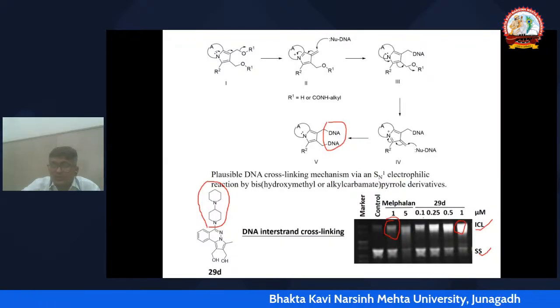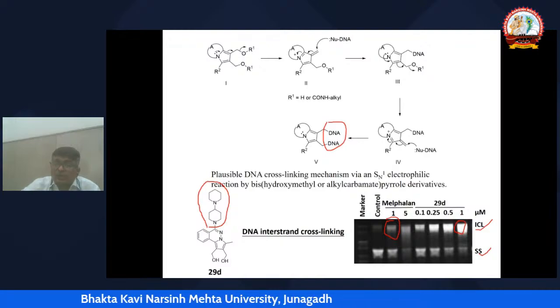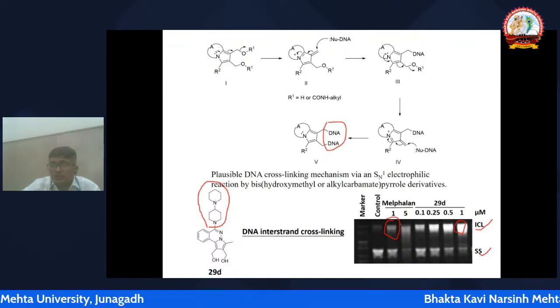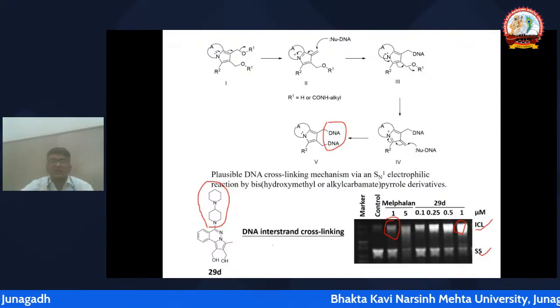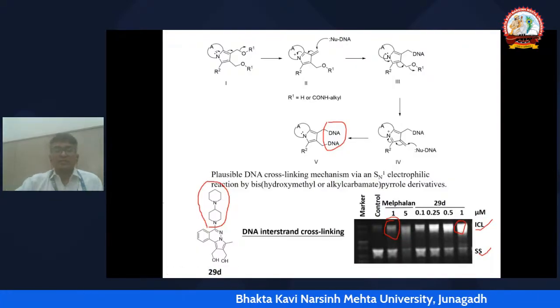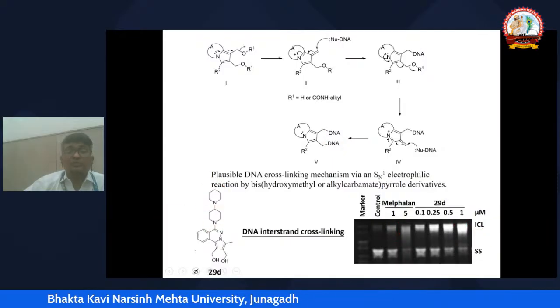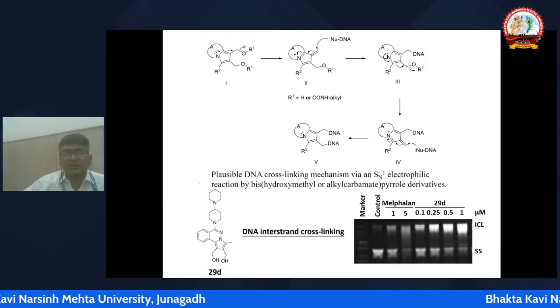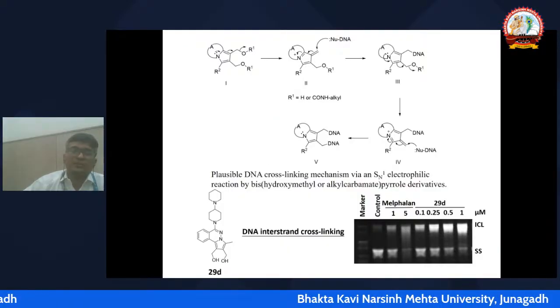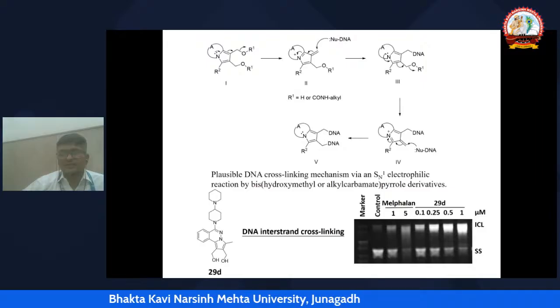We can see that from 0.1 micromolar to 1 micromolar, 1 micromolar shows a very strong cross-linking in comparison with melphalan. So this is a design of molecules similar to the biological activity of mitomycin C, which interacts with the DNA, binds with the DNA and produces anti-cancer activity.